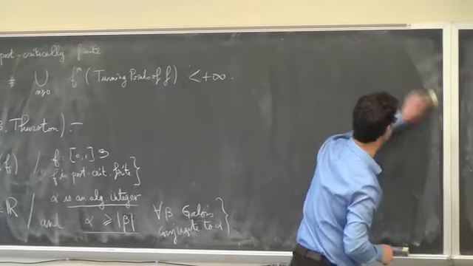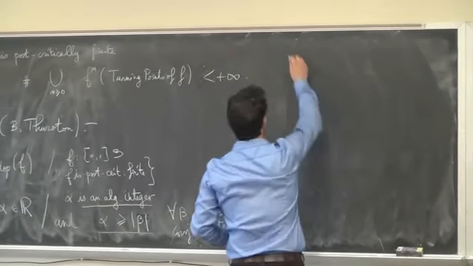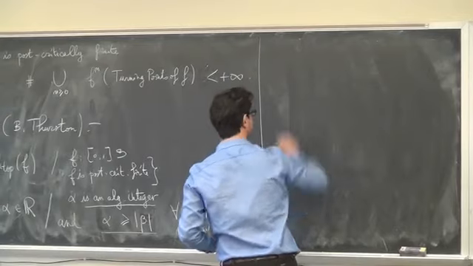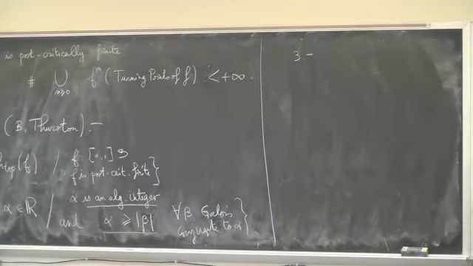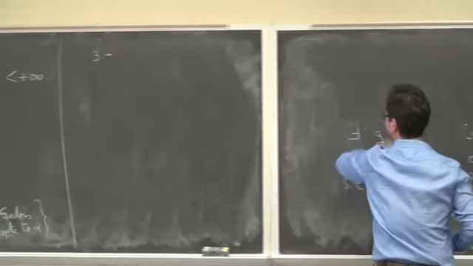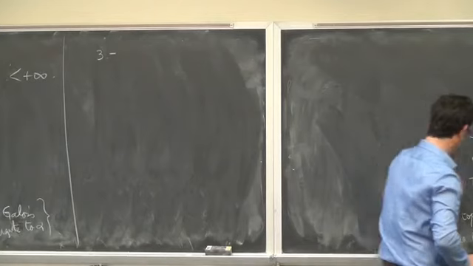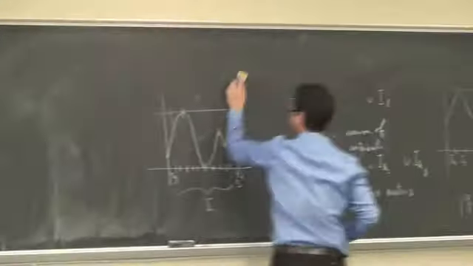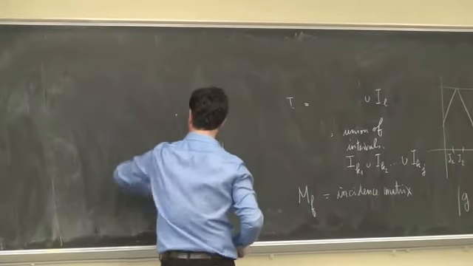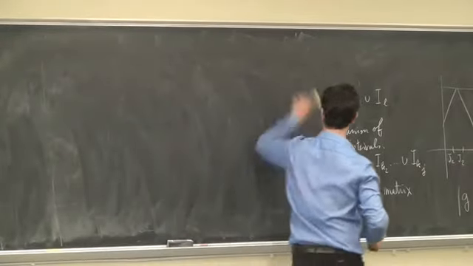Now I change the topic. I think it's far. You went over 3 minutes. Yes, that's true. Now I want to describe a few things concerning birational transformations of the plane. But those things are not continuous.